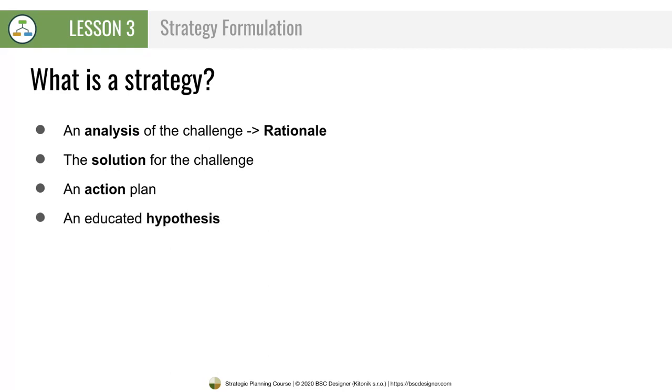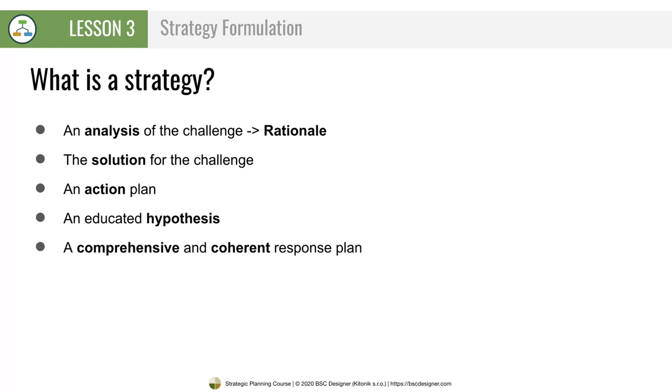Another important thought is that strategy is always an educated hypothesis. We do our best to come up with a strategy, but there is never a guarantee that it will work out as expected. The quality of strategy is very subjective.